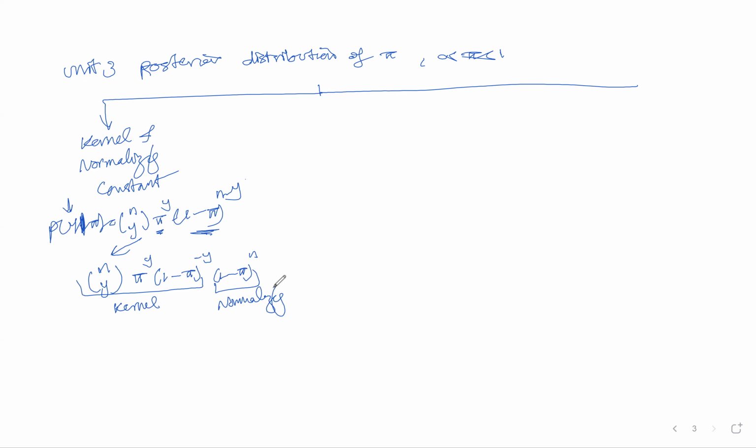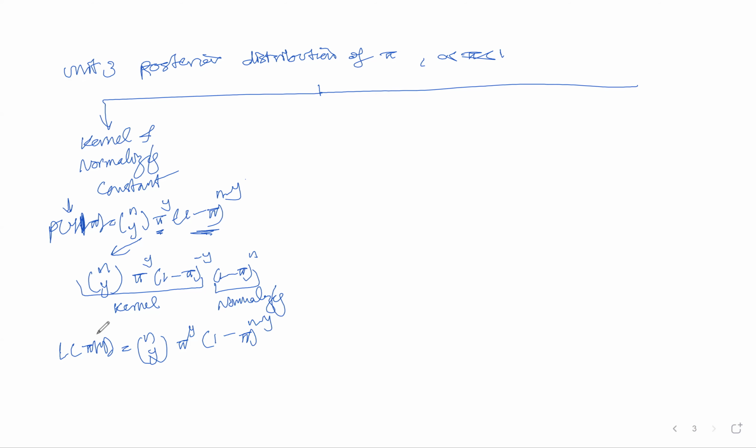Keep in mind, if we know y and we don't know pi, this one is called the likelihood. So L of pi given y equals n choose y, pi to the power y, 1 minus pi to the power n minus y.